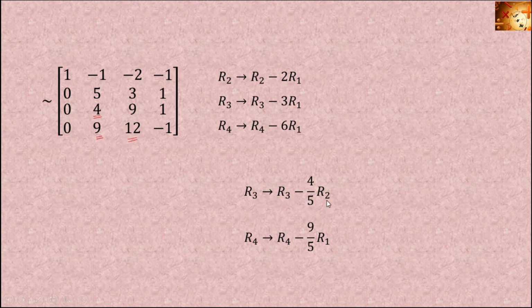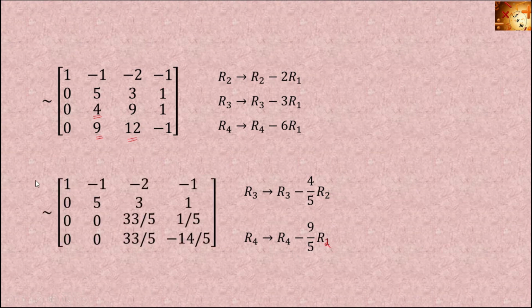Similarly, R4 changes to R4 minus 9 by 5 R2. Here there is a correction, this is R2. Then our matrix becomes 0, minus 1, minus 2, minus 1; 0, 5, 3, 1 as same.